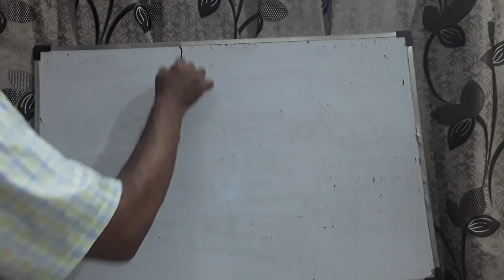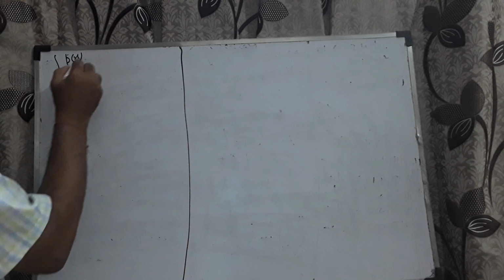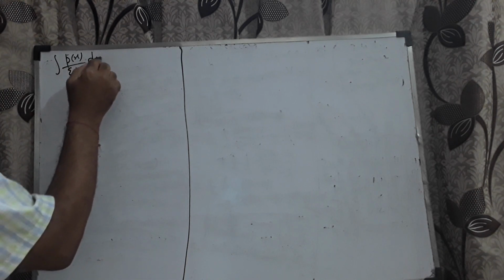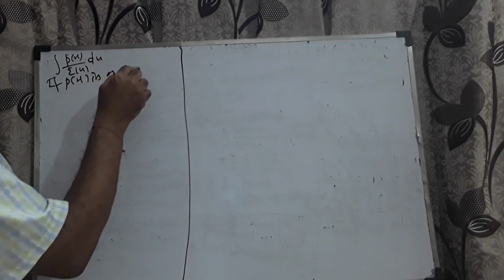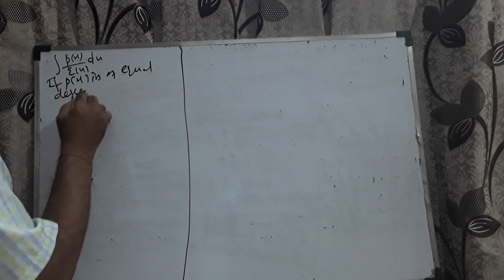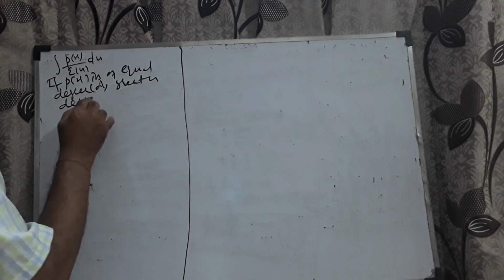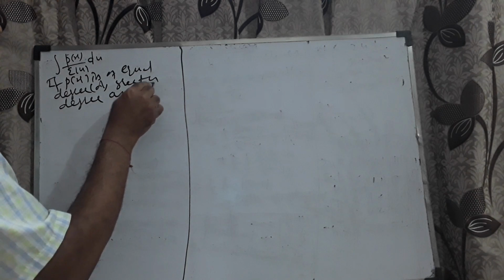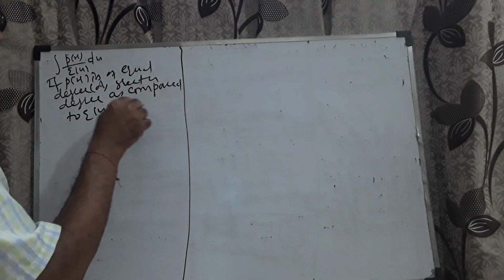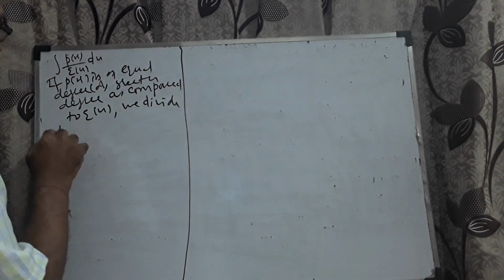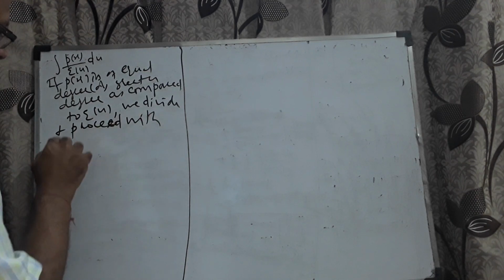Then for the sixth problem, before doing the sixth problem, for any integral of the form p of x by q of x dx, if p of x is of equal degree or greater degree as compared to q of x, we divide and proceed with partial fractions.